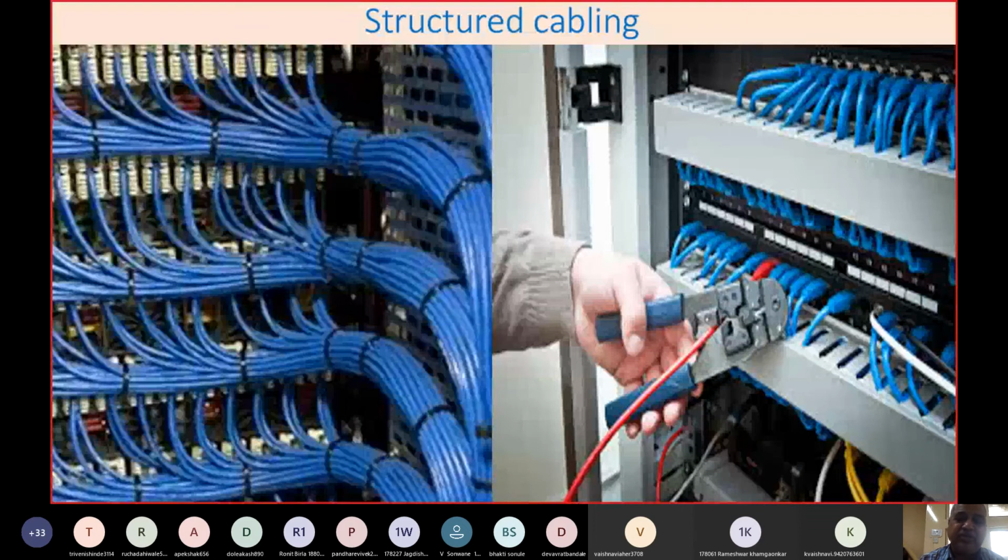It is also possible that you can have a direct connection from computer to switch, but this is not normally recommended because there will be a lot of problems if, for low cost, you just crimp both sides and connect computers with the switches. That is temporary, it is okay, but if you are going to use networking for the long run and you don't wish to have any connection problems, then it is better one must go for structured cabling.